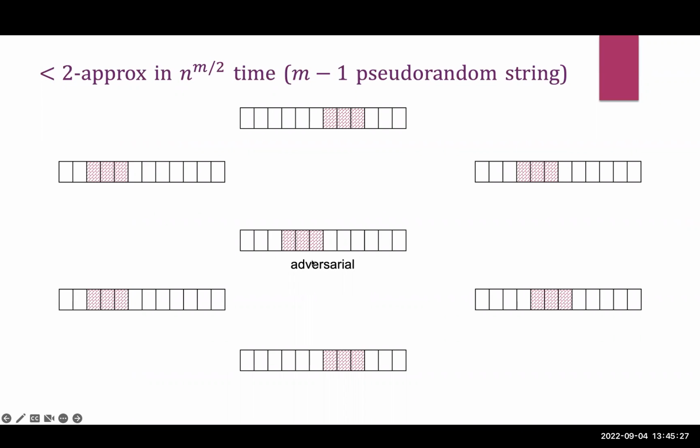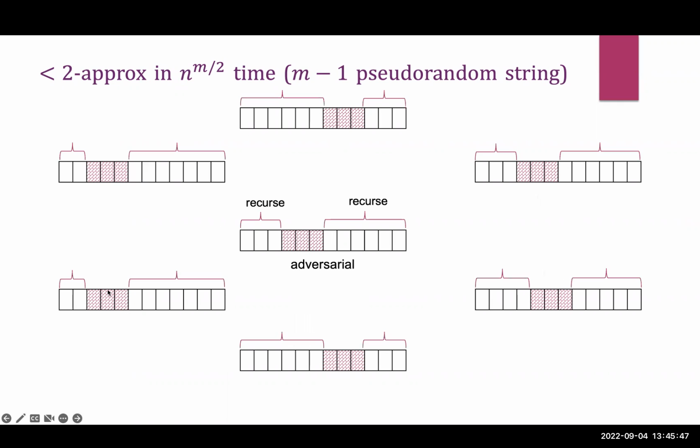Because all these strings are pseudorandom, if I take one substring from the adversarial string, then in each of these m minus 1 pseudorandom strings, this substring has a unique low-cost match. Once we fix this low-cost match, marked by the red color, in the rest of the string we can recurse. And this way we give an algorithm which runs faster than the trivial one.